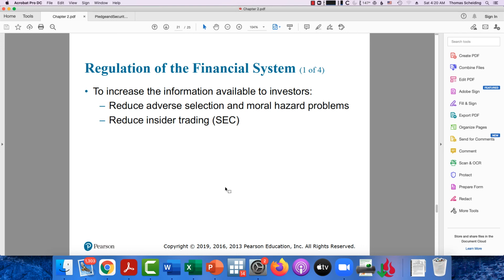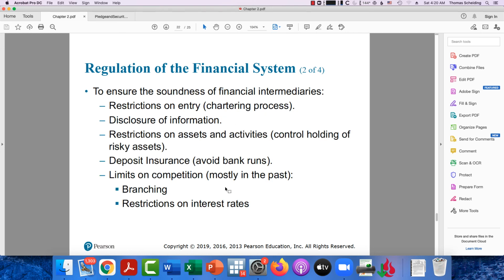Now, the financial system is regulated. It's regulated by the Securities and Exchange Commission to try to reduce insider trading. As we said, the financial intermediaries try to get involved to try to reduce adverse selection and moral hazard. We have other things going on as well. We have the Federal Deposit Insurance Corporation, FDIC, which ensures that bank runs are kept to a minimum.